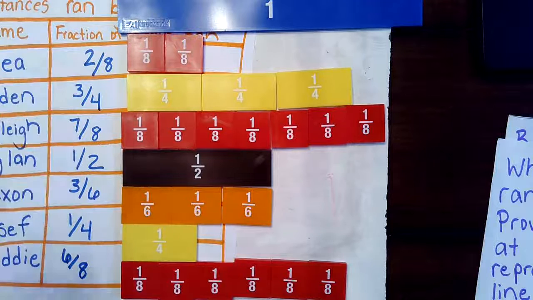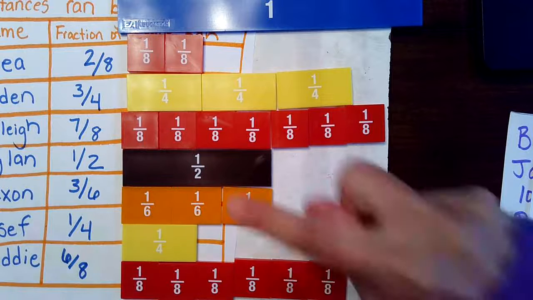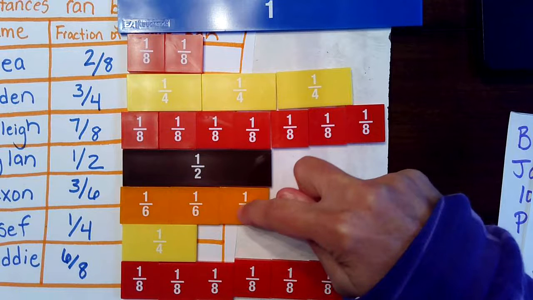So looking at these fractions, which third graders ran the same amount? So I'm looking very closely, and it looks like to me, it's easy to tell that Rylan and Jackson, they were tied there. They ran the same amount. So let's put them together. And then, we'll leave them together.